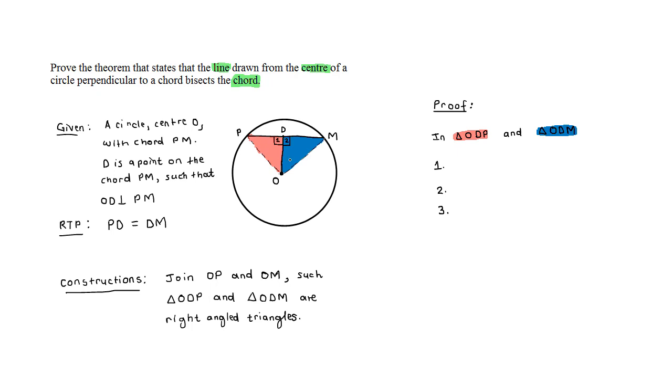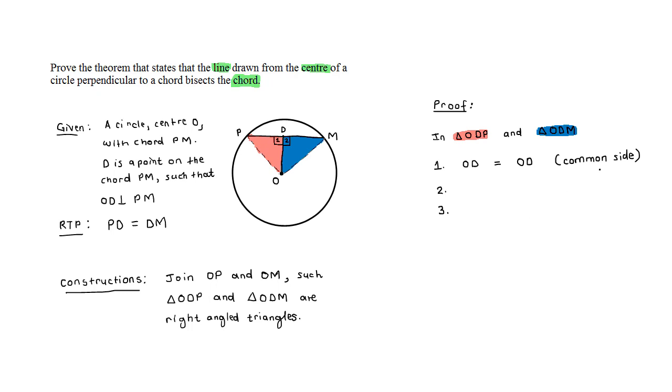Well, the most obvious thing is this common side OD. So OD is equal to OD on the other side, and the reason for this is because it's a common side, or you can write shared side.